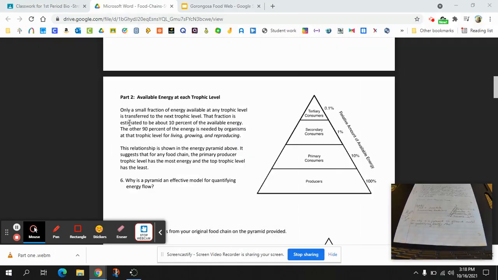Part 2. For Part 2, the beginning of what you need to do is read and annotate this section on the available energy at each trophic level. I would summarize your annotations on your notebook paper right here.